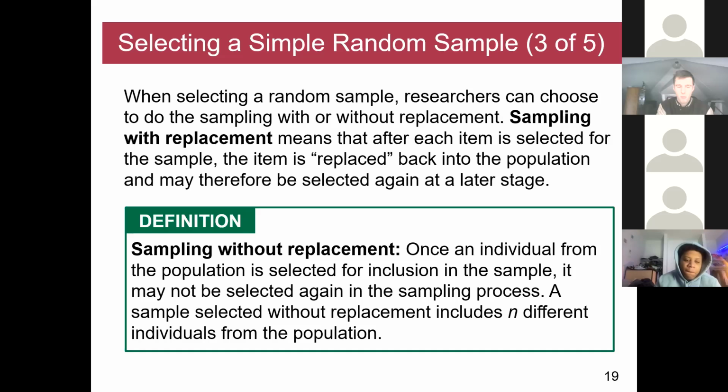For example, if we had, let's say, 20 balls in the box, and maybe 5 of them are white and 15 of them are brown. The probability of selecting a white ball would be 5 out of 20, or 1 out of 4.